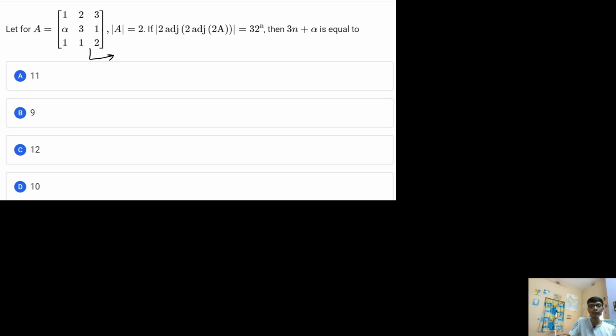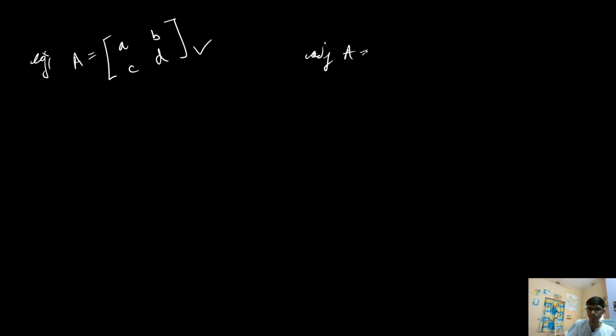Whenever we have to calculate the adjoint, the question will not directly ask you to find the adjoint. Some matrix will be given, and we are also given another adjoint matrix, with some corresponding elements not given. Let me take that particular example. For example, matrix A is given as a, b, c and d, and you are also provided with the adjoint of matrix A.